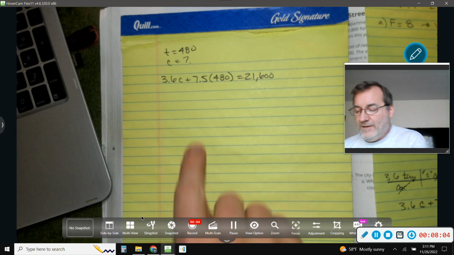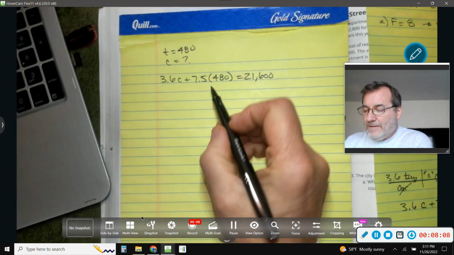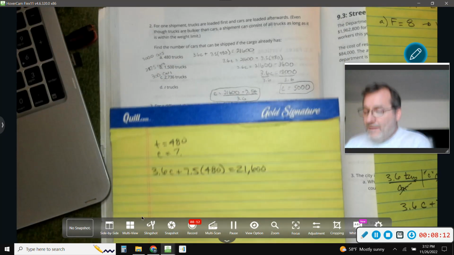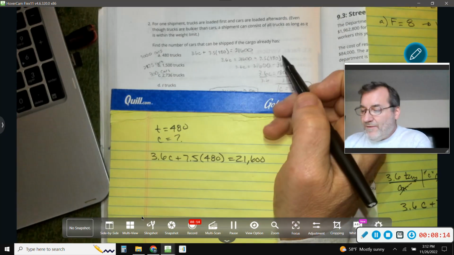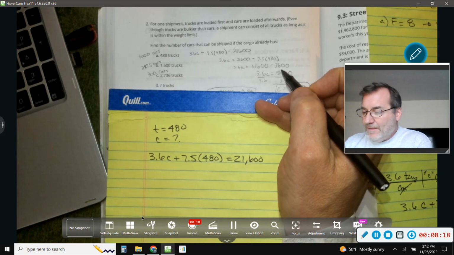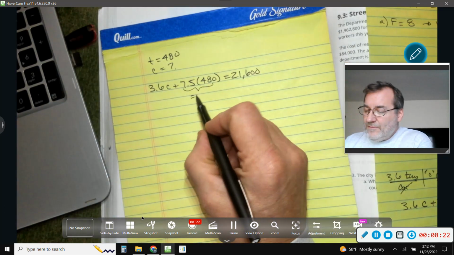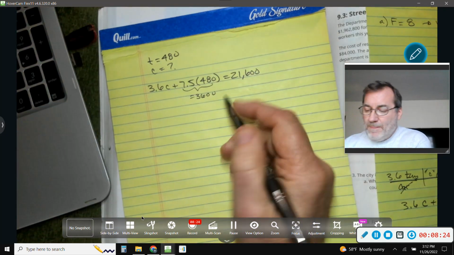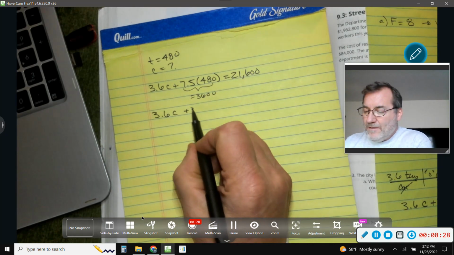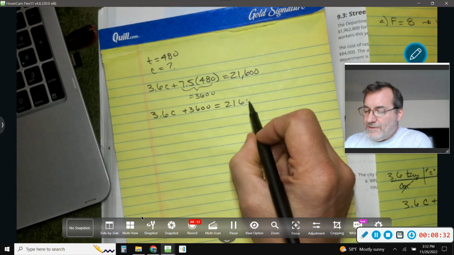And so I need to take this number here and solve for C. Let's do a little bit of math here. 7.5 times 480 is 3,600. So I've got 3.6C plus 3,600 equals 21,600.